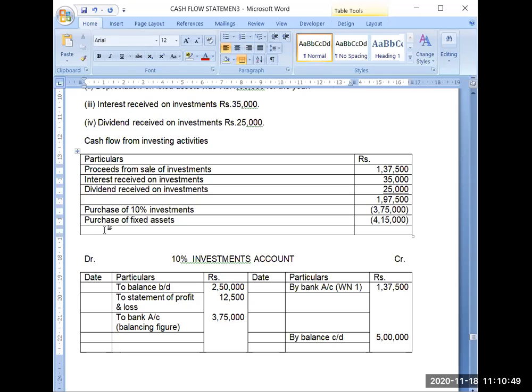Now we can calculate cash flow from investing activity. And because outflows are more than inflows, the answer will be cash used in investing activity.